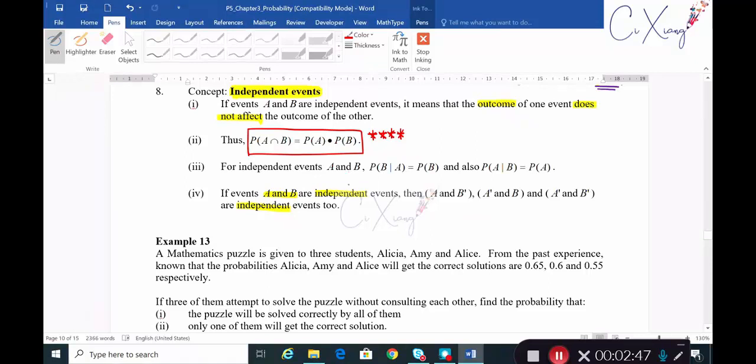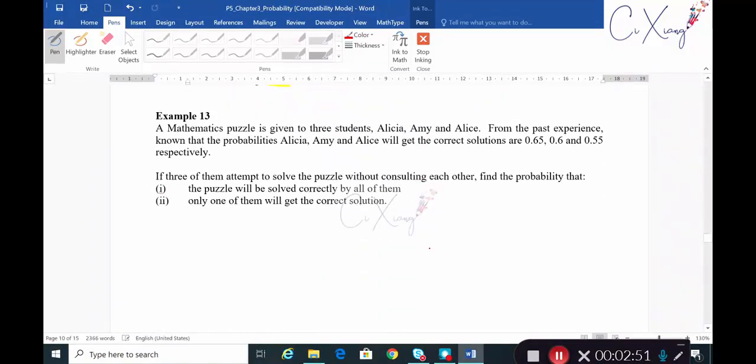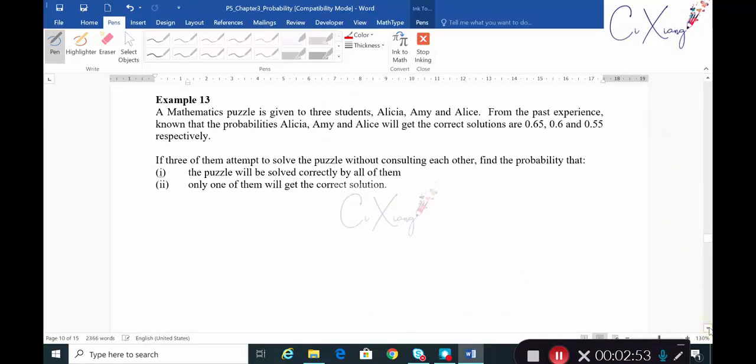Alright, so let's have a look at the example related to independent events. Please read example 13 before we start. They are talking about a mathematical puzzle solved by 3 students.